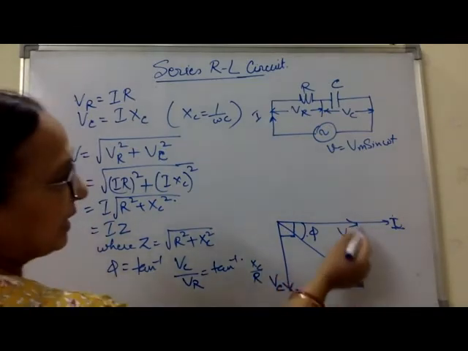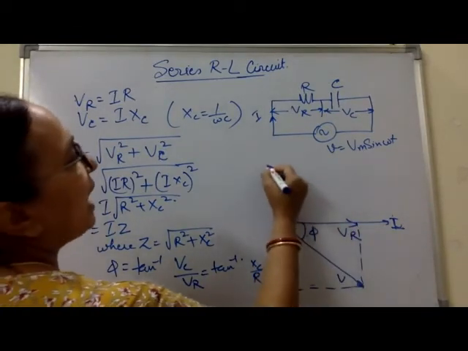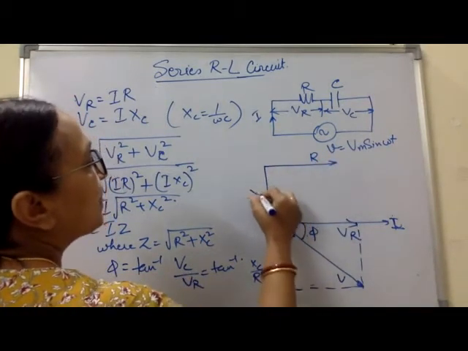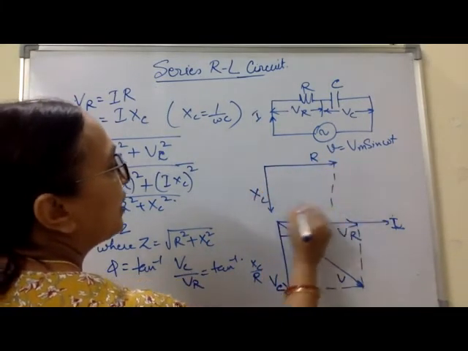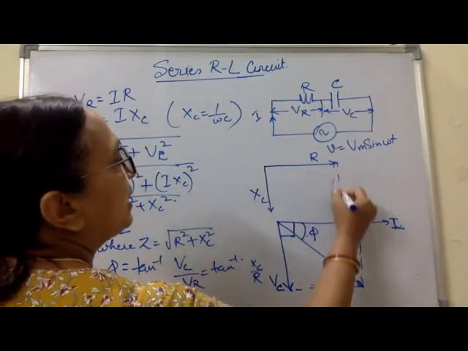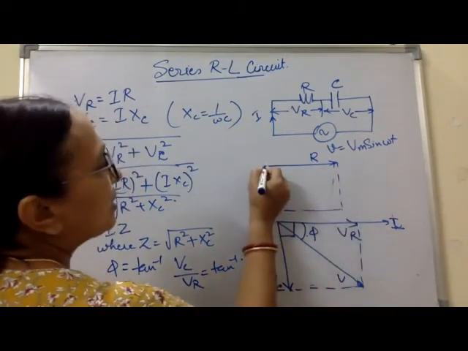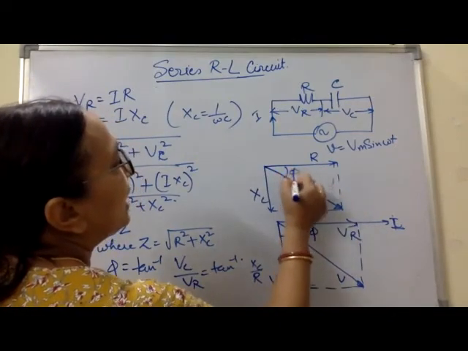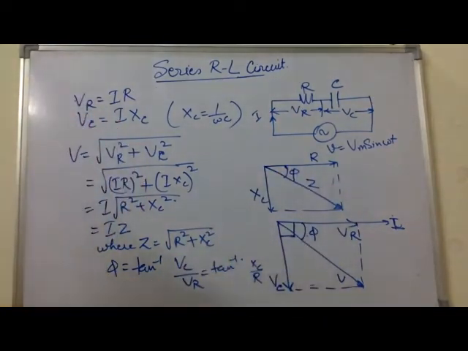So this is the voltage triangle, and if you draw the impedance triangle, it will be R and XC. Find out the resultant of R and XC. This is your impedance triangle, and this is your final Z, and this is your angle phi.